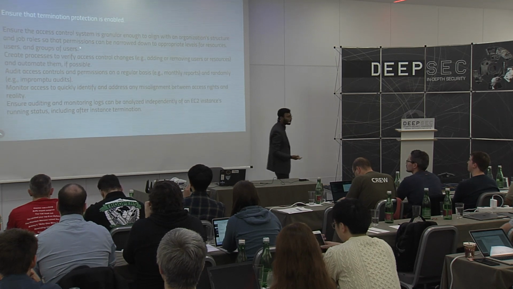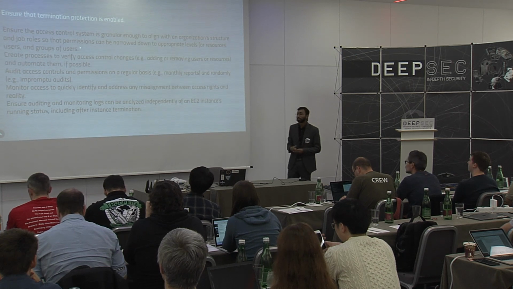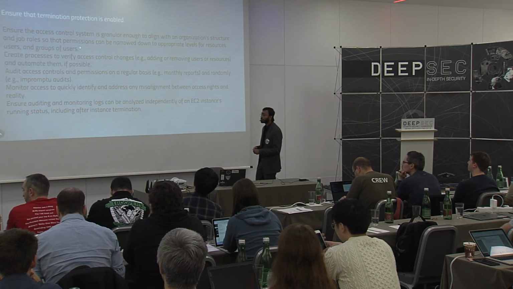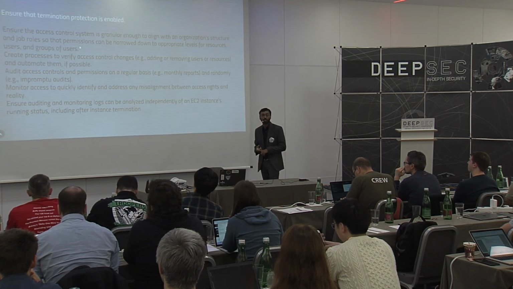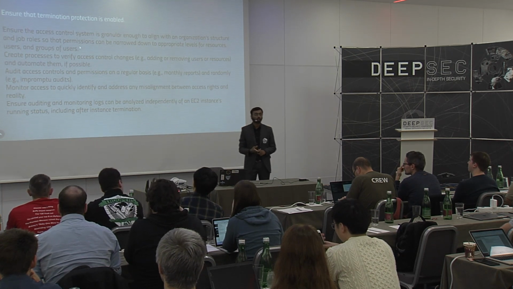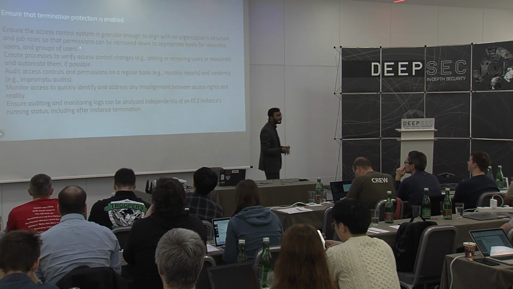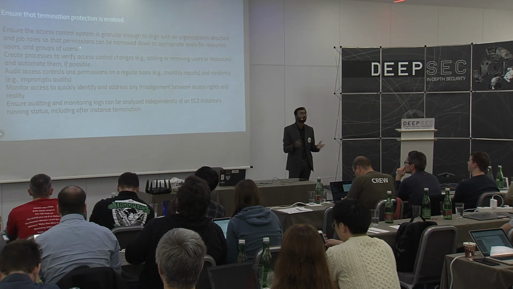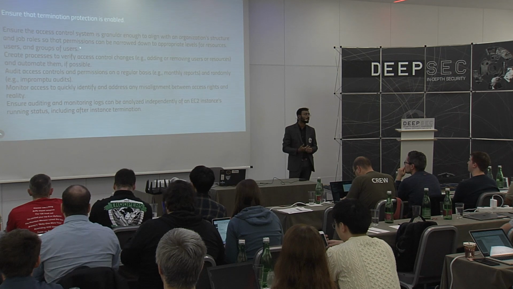Another thing that you should be looking for inside an AWS account when you are assessing the security posture of an EC2 instance is whether termination protection is enabled, because a lot of times instances get deleted or terminated accidentally or on purpose, or you might want to terminate one instance and end up terminating something else.